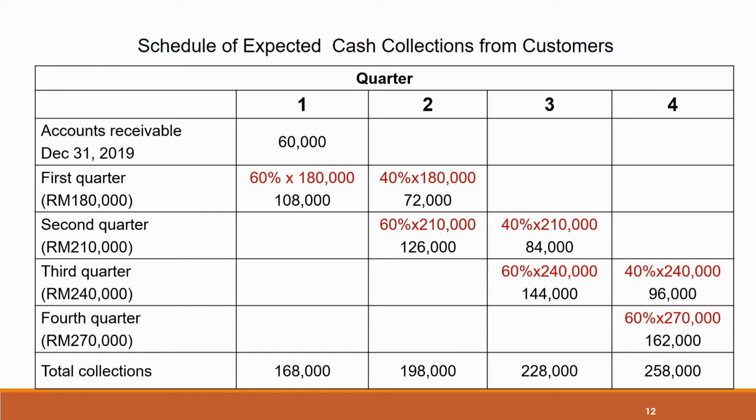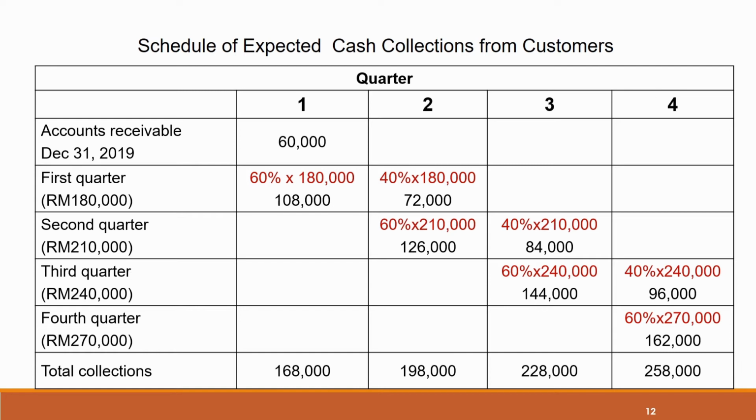And we will collect another 40% in the following quarter, that is the fourth quarter, 40% from 240,000, and you get 96,000. And in the fourth quarter, we will collect 60% of 270,000 and you get 162,000.